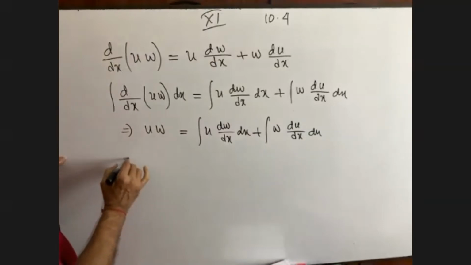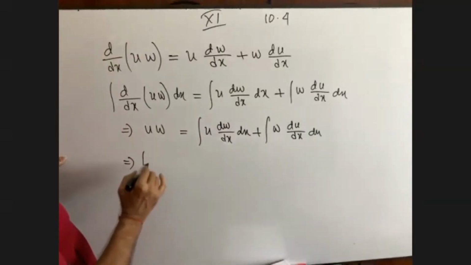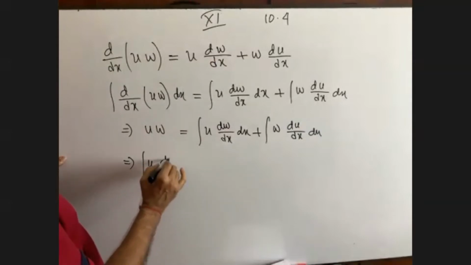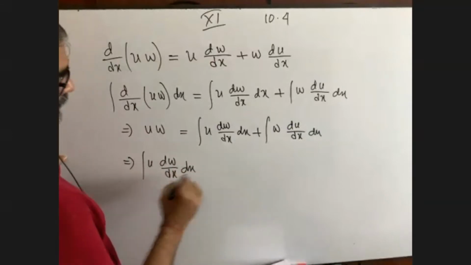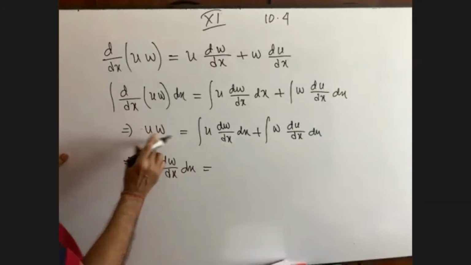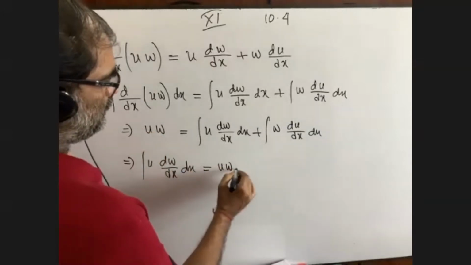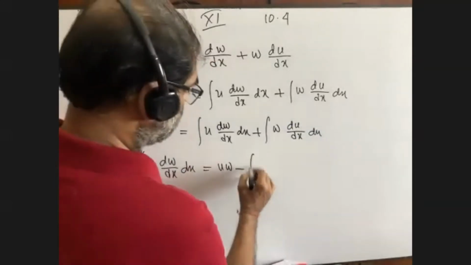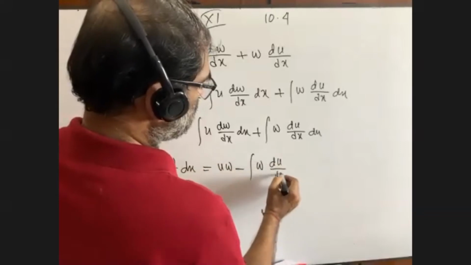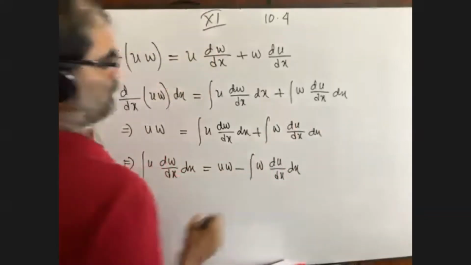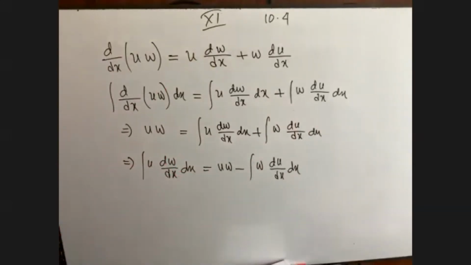This part, integration u dw by dx dx, is equal to uw minus integration w du by dx dx. What I mean is that this part is equal to this minus this. Very good.